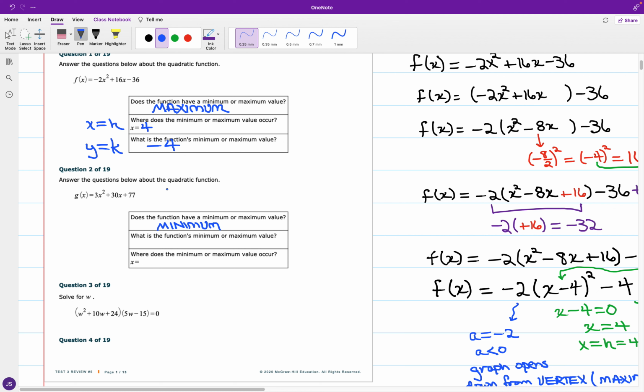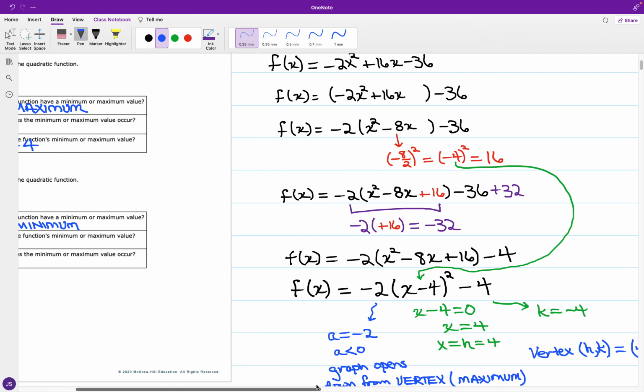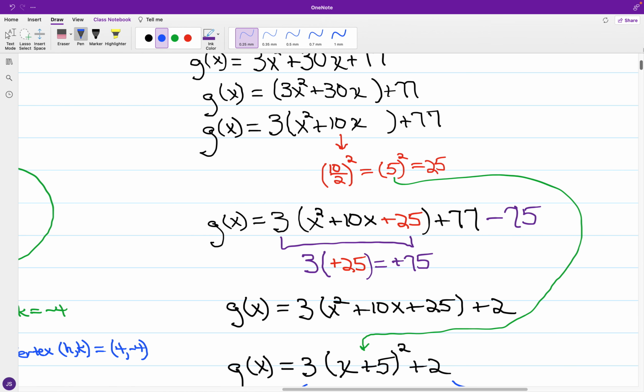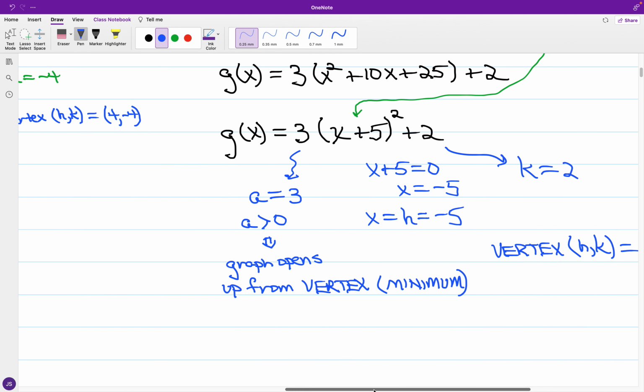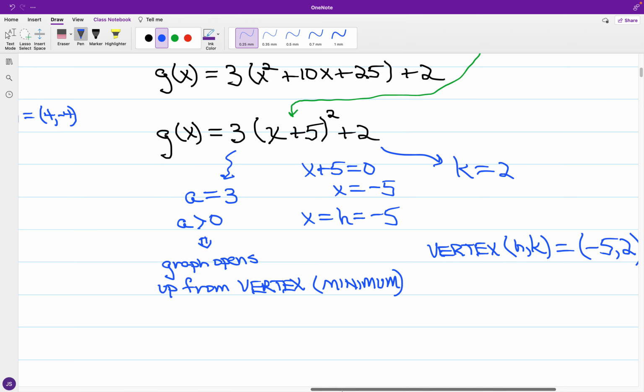And for this set, notice the second and third questions are interchanged. So, where does the minimum or maximum value occur? Again, that was the h value we had arrived at, at negative 5. So x equals h equals negative 5, and k is equal to 2.